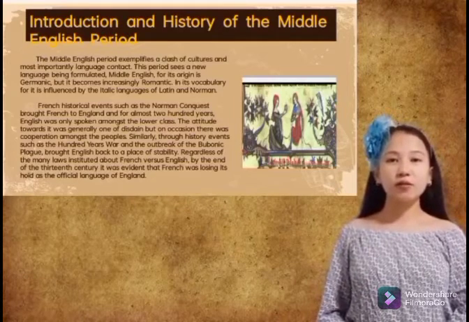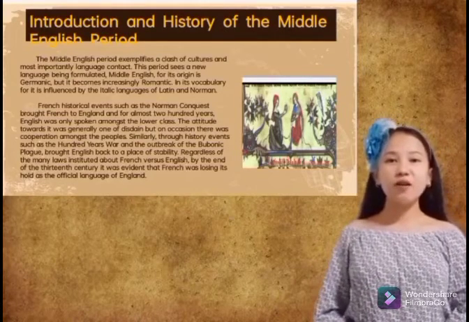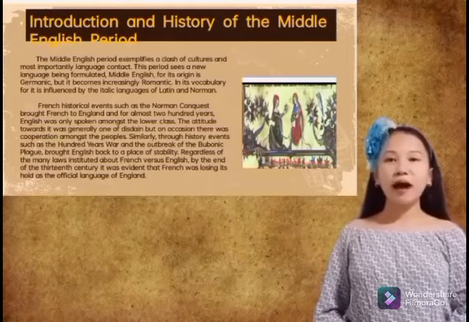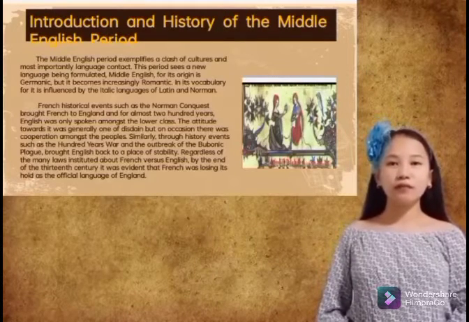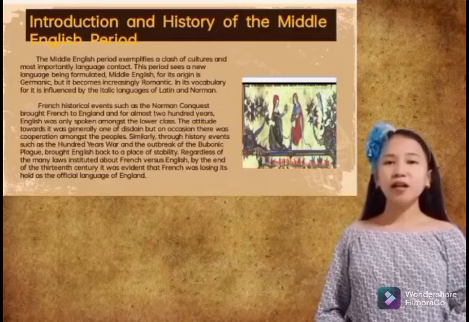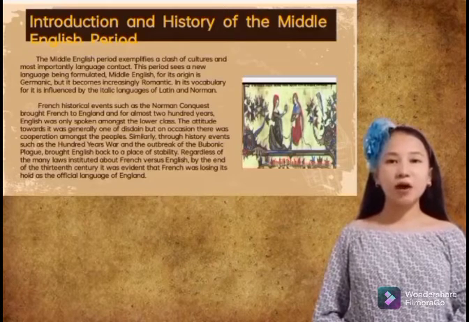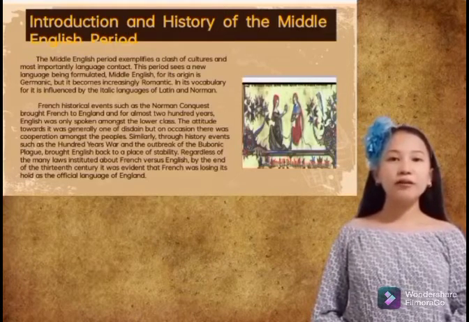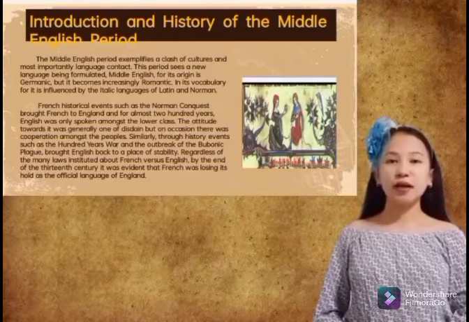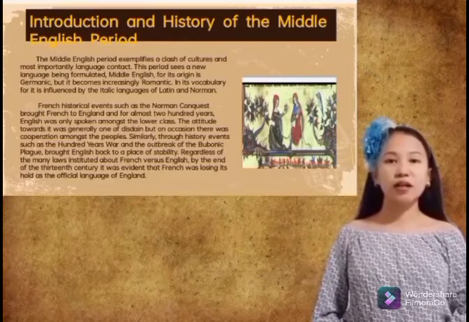Similarly, through historical events such as the Hundred Years' War and the outbreak of the bubonic plague, English returned to a place of stability, regardless of many laws instituted about French versus English.